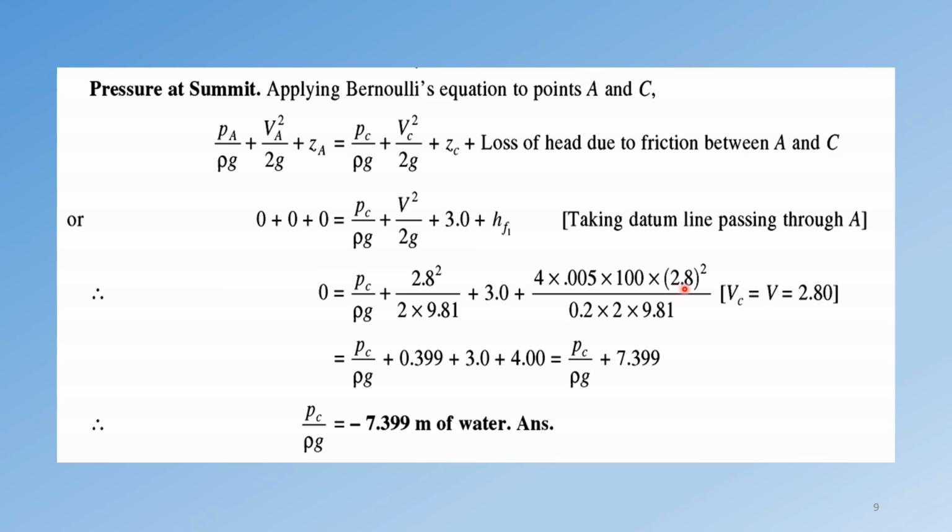V is 2.8, so V square is 2.8 the whole square, into 2 into 9.81 into D, which is 0.2. So we get PC by rho G is equal to minus 7.399 meters of water.